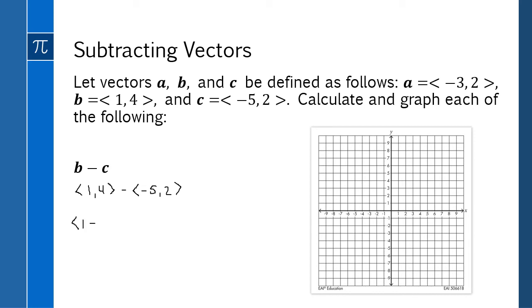This is 1 minus negative 5, and for the y coordinates 4 minus 2. That gives us 1 plus 5, or 6, and 2. So we would expect vector b minus c to start at the origin and end up at 6, 2. So that is what we would expect for the resultant vector right here.